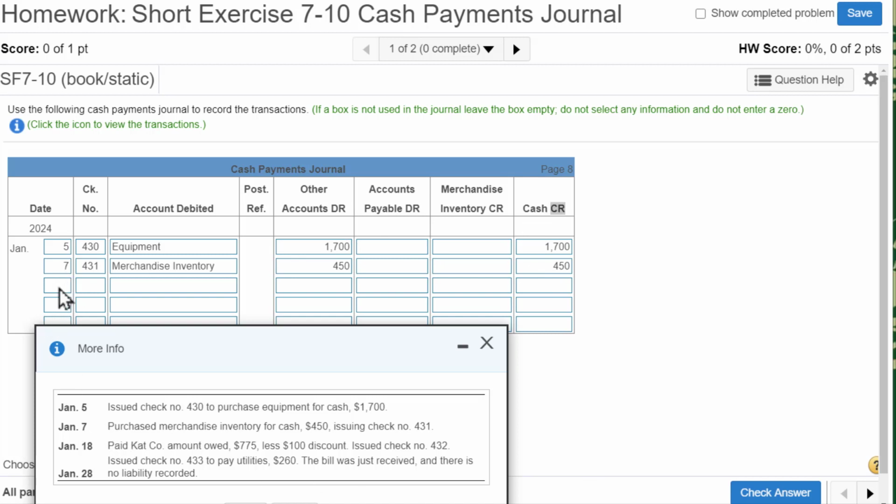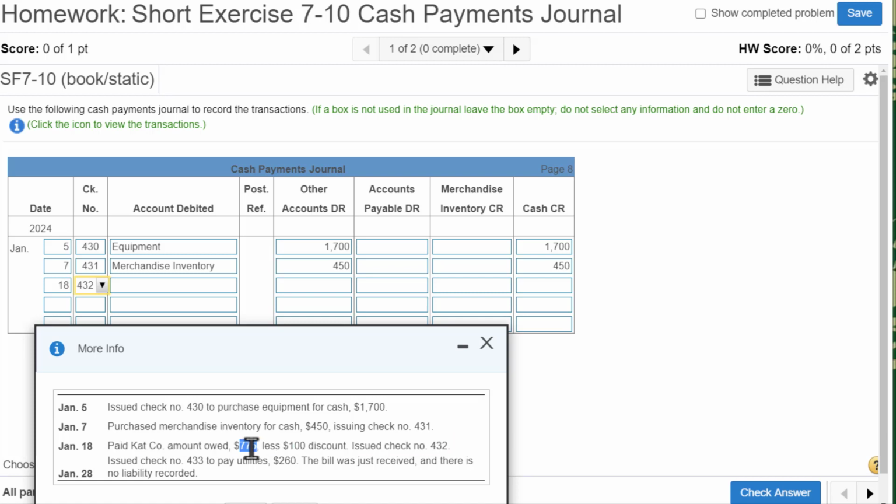Next, January 18th. Check number 432. Now this one's more challenging. So paid CAT company, so CAT company, if we're paying them, they must be a vendor. The amount owed, $775, less a $100 discount. Issued check 432. So it says the amount owed was $775.